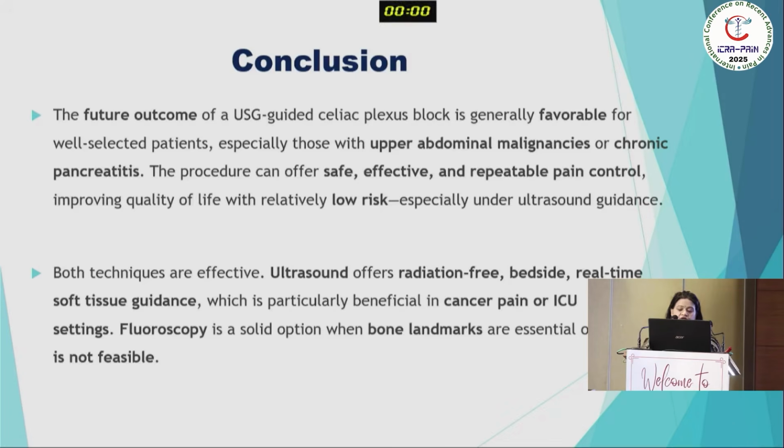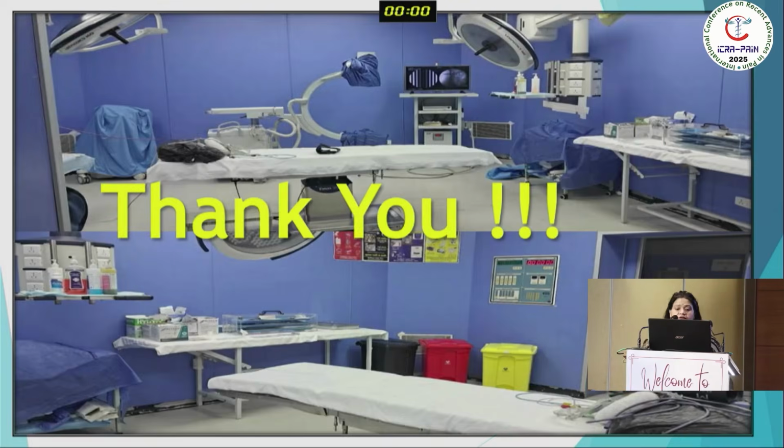Ultrasound is radiation-free, bedside, real-time, soft tissue guidance, which is particularly beneficial in cancer pain or ICU settings. Fluoroscopy is also good, but it has its own side effects like radiation. And ultimately, I'm going to say that cryoablation is a new technique which is coming up for the celiac plexus block. Thank you.